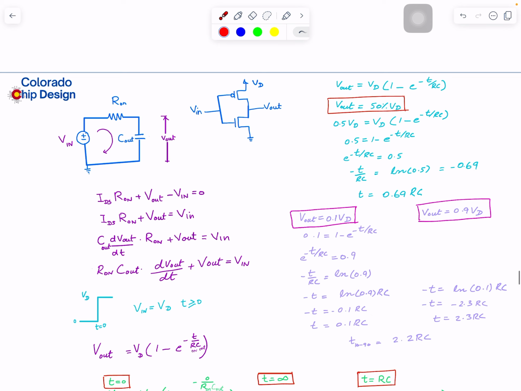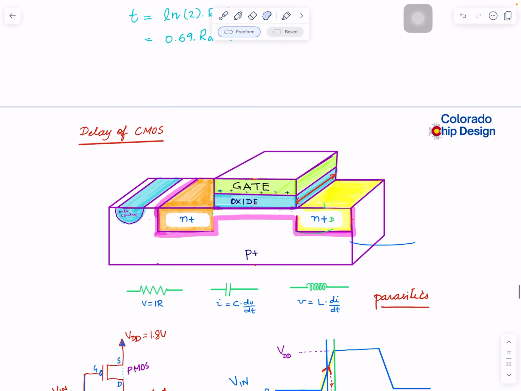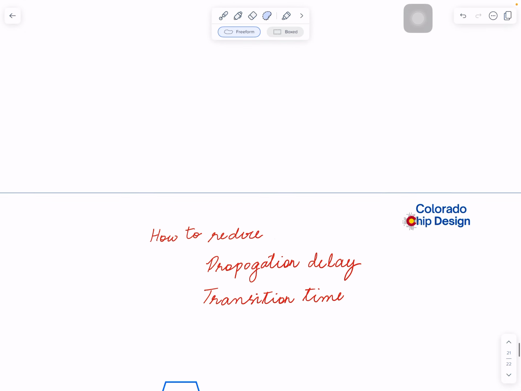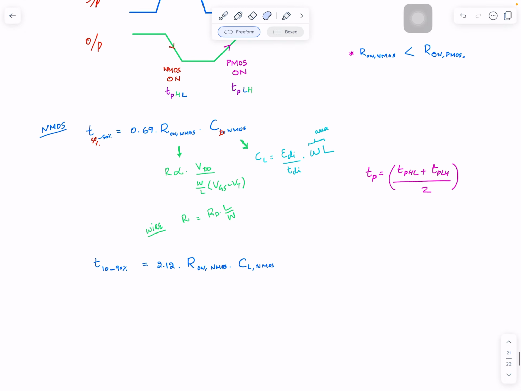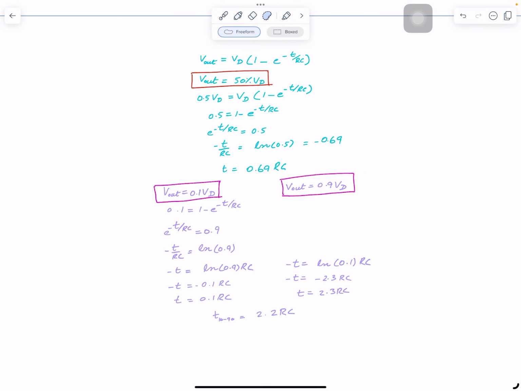Let's copy this so that I don't have to come back here. Here, I was referring to 0.69.